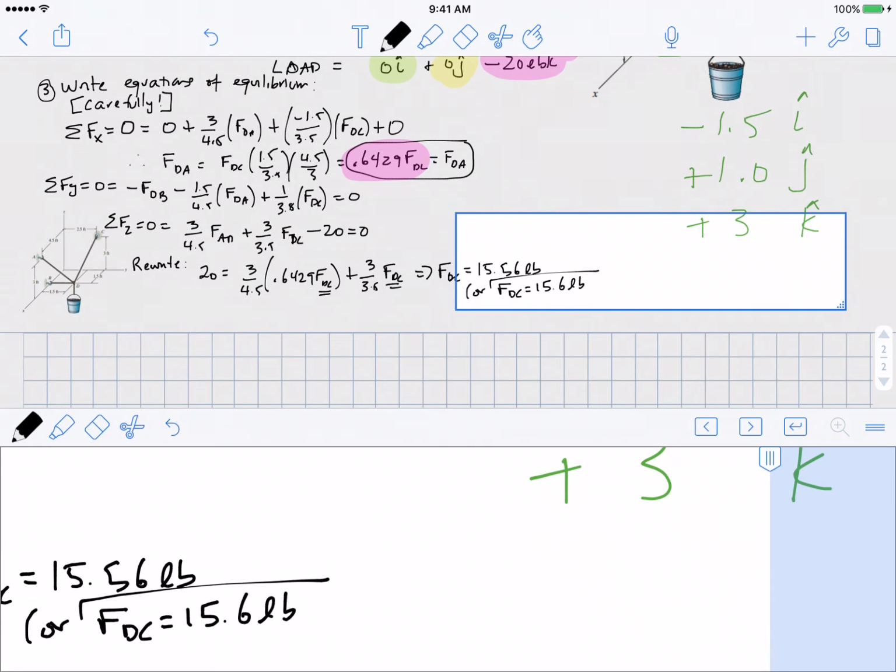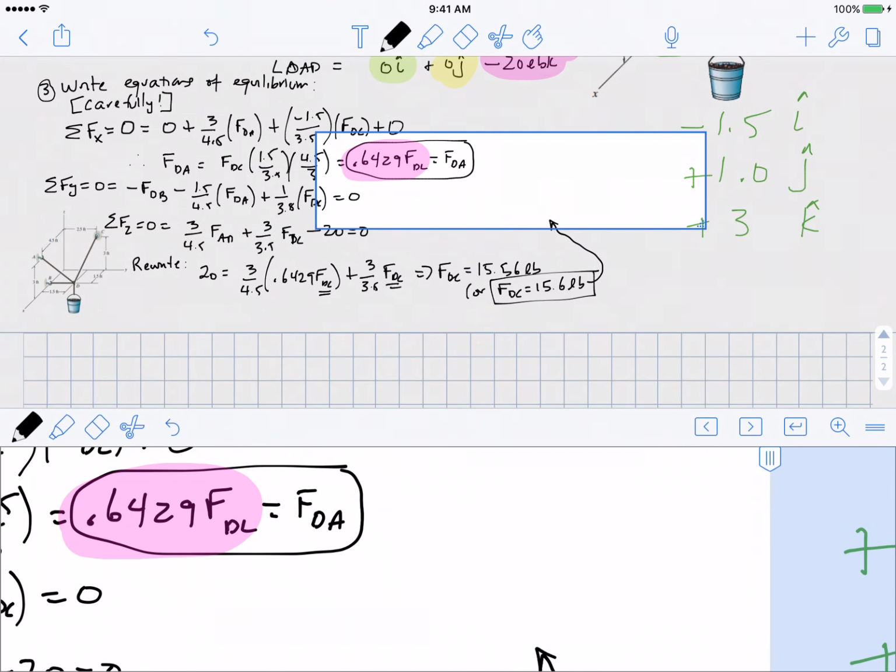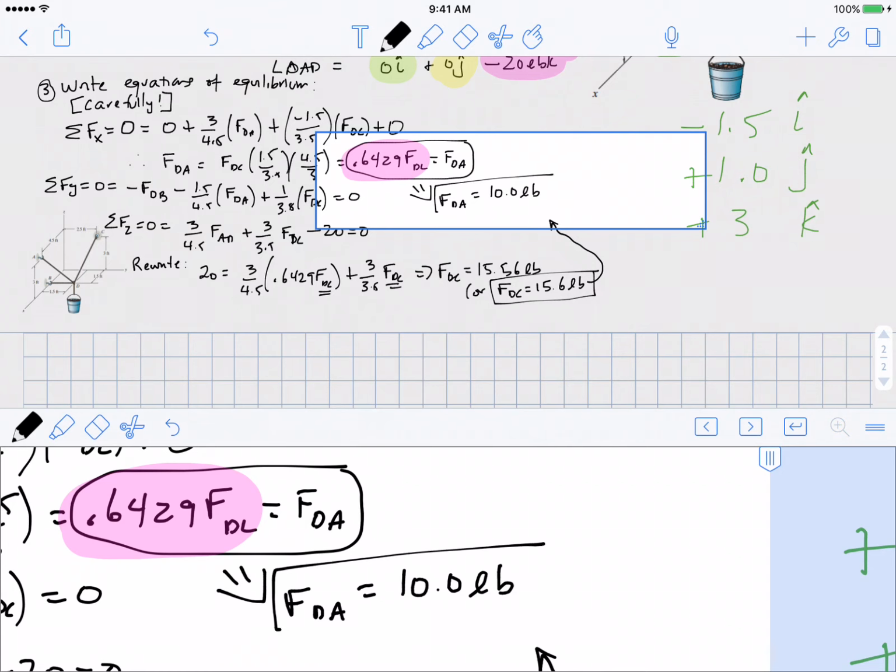And I'm going to put a box around that because that's one of the things we're solving for. And once I know that, I can plug that into this, and I can find that FDA equals 10.0 pounds. And that's another one of my unknowns, so I'm going to put a box around that.